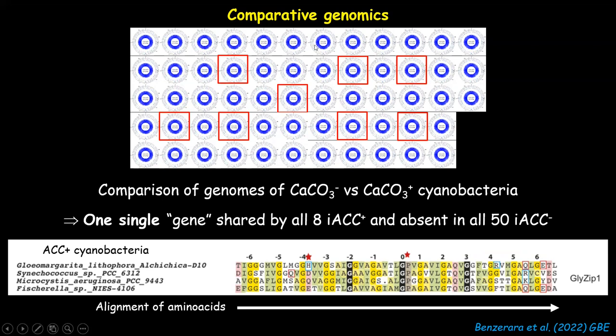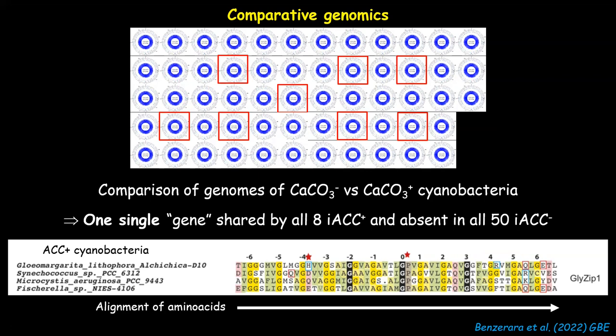The first question was: are there genes that we only find in cyanobacteria forming carbonates and that we don't find in cyanobacteria not forming intracellular carbonates?